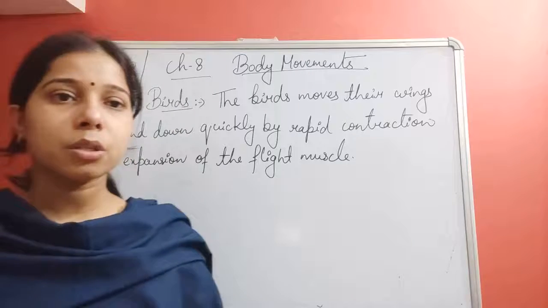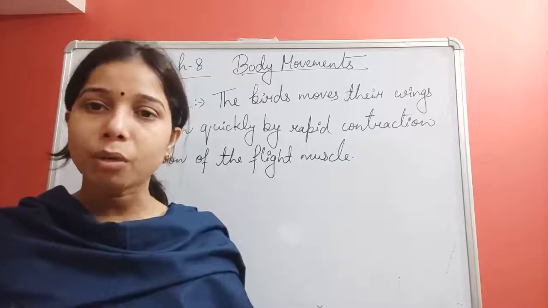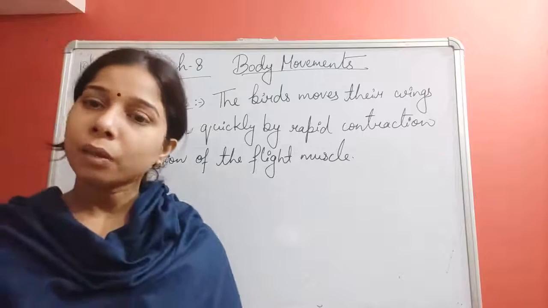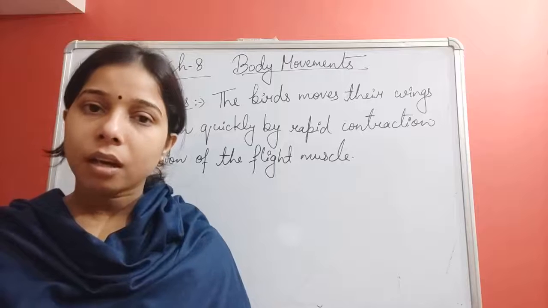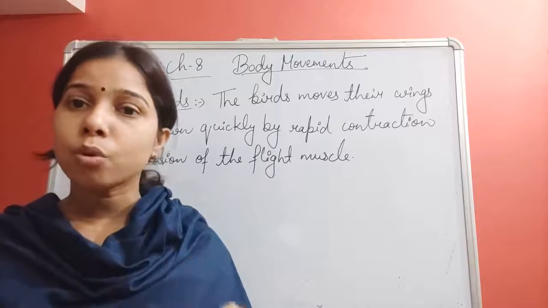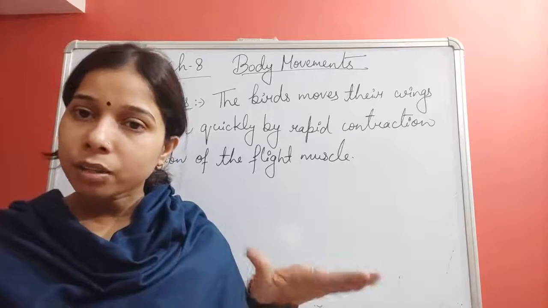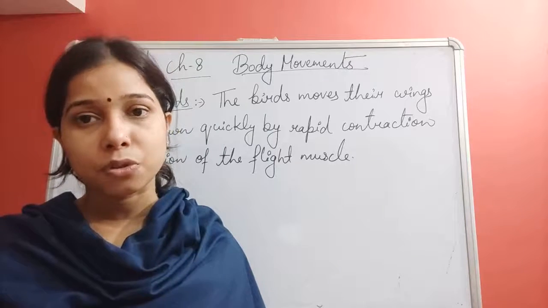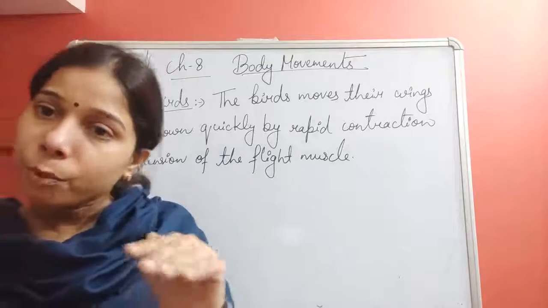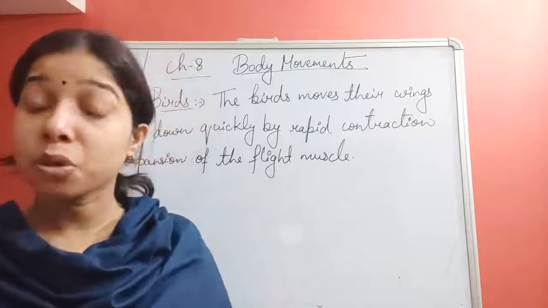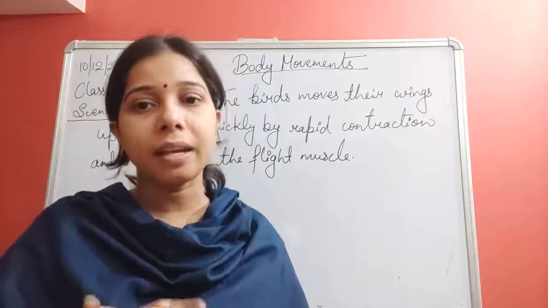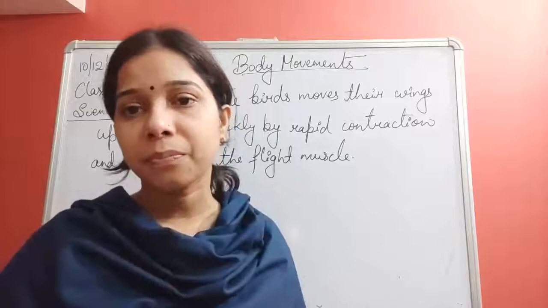Now you see here students, the continuous flapping of the wings helps in the movement. When the wings flap, they move up and down, and when they move in the downward direction, they push the air downward. When they push the air downward, with equal force the air also lifts them in the upward direction.